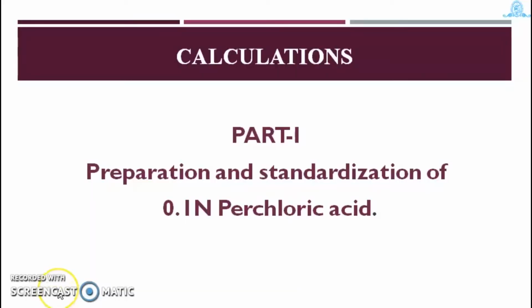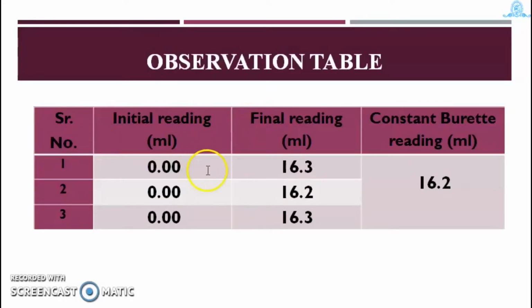Students, now we will proceed to the calculation part. Let us start the calculation part. The first part of our calculation is preparation and standardization of perchloric acid. So here is our observation table, and the constant burette reading is 16.2. Okay.